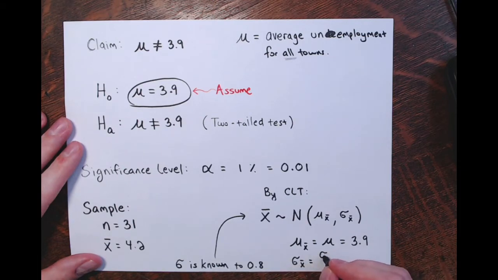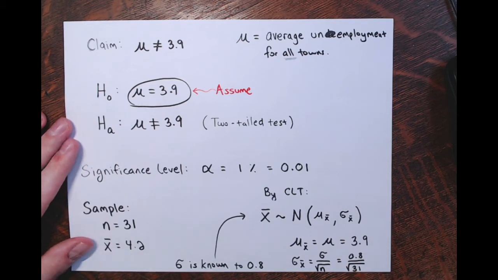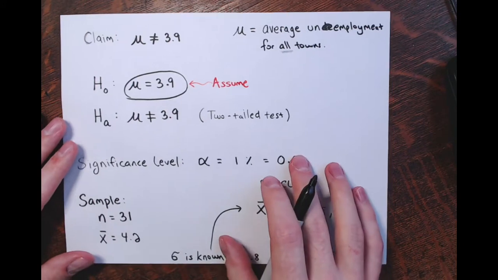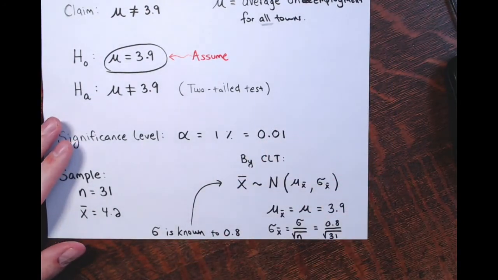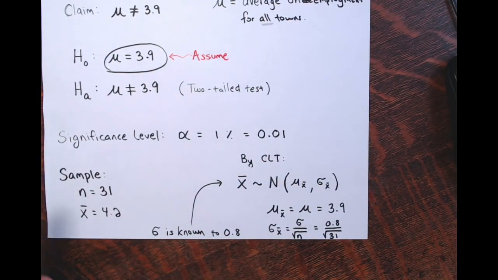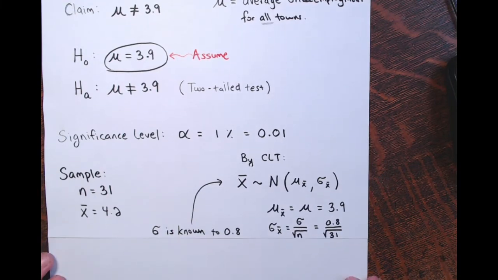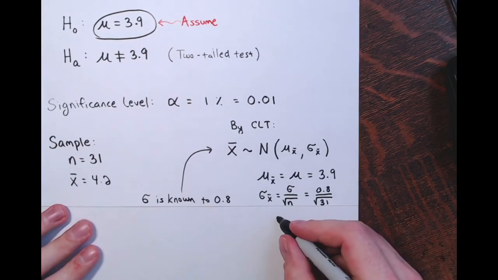and the standard deviation of the x bars, remember, was the standard deviation of the population divided by the square root of the sample size. So this was 0.8, right? That was what was given to us, divided by the square root of 31. I'll punch it in the calculator, and we'll get an approximation of the standard deviation, and then I'll draw a little picture of a normal distribution.